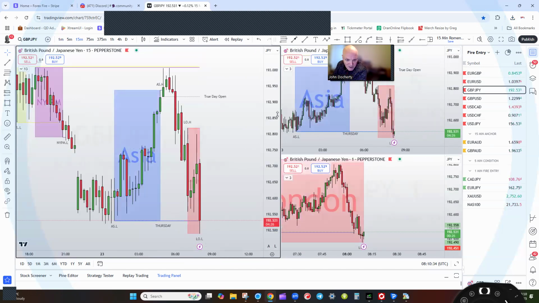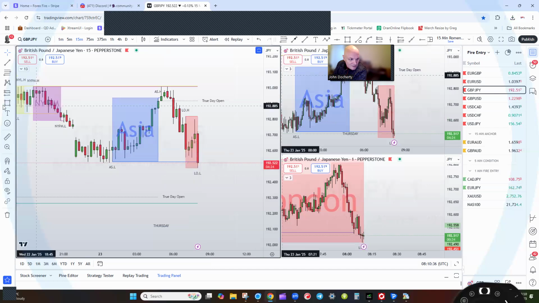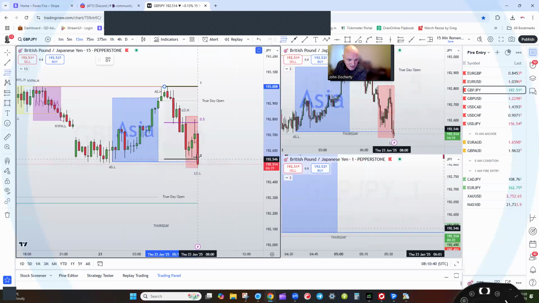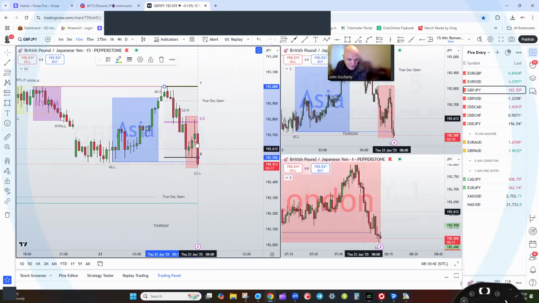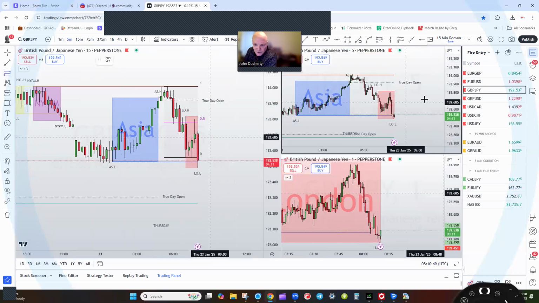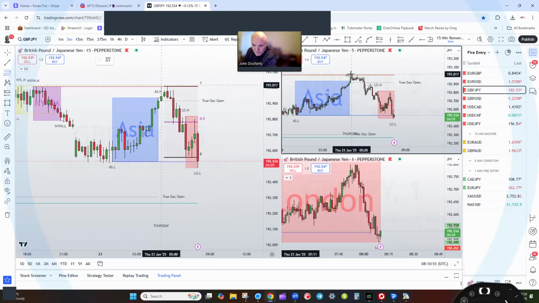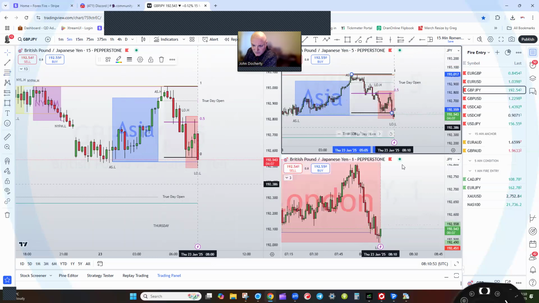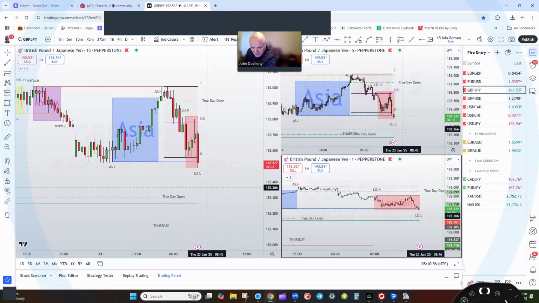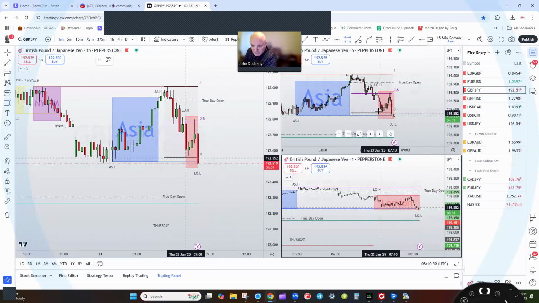GBP JPY. We did have a break earlier from after the Asian. We do have a touch into the 50%. From there, we move it to the condition. So we'll go from the high down to the low. Okay. And then we're going to be looking for separation candles.